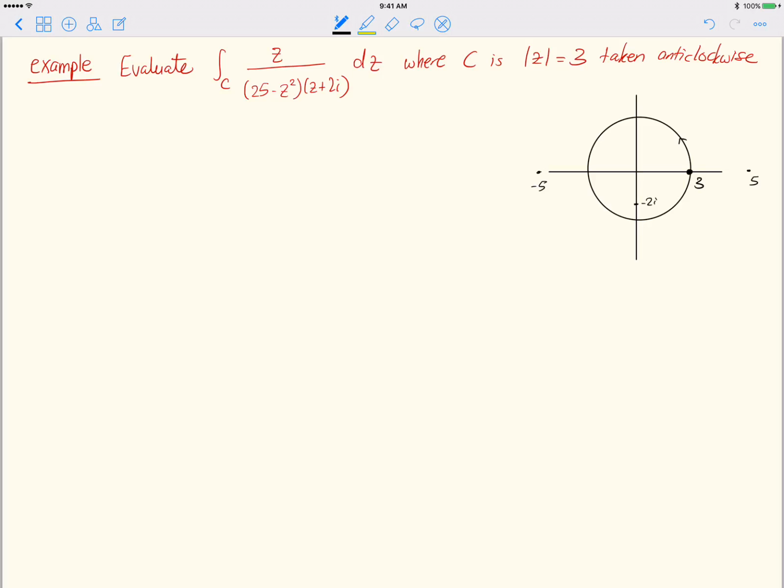So in other words, that function which we're integrating is analytic everywhere except for the 3 points that I've drawn. And out of those 3 points, it's only negative 2i that lies inside C. So I should label that. So the trick in this case is to actually take your function to be this.